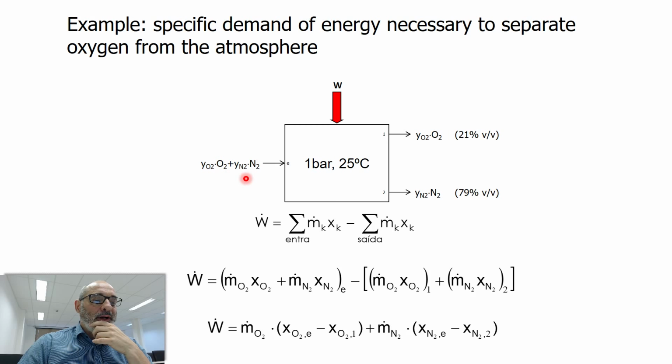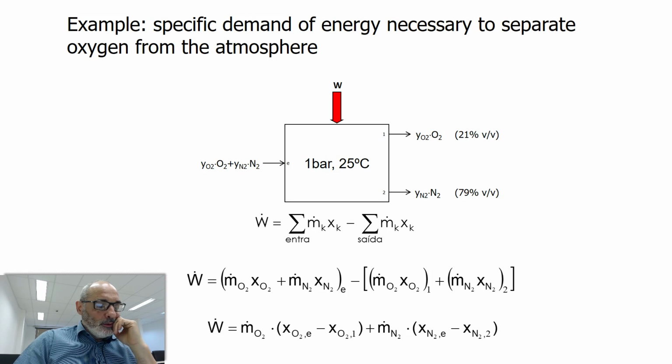So the constitution of what is going into the separation process is defined by these two numbers, YO2, YN2, which we know a priori are 21% and 79%, okay?